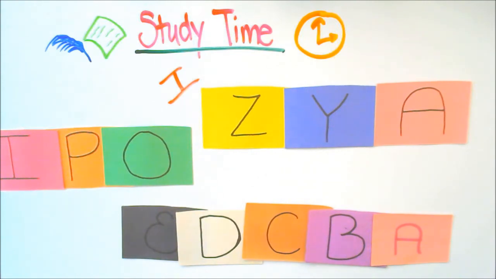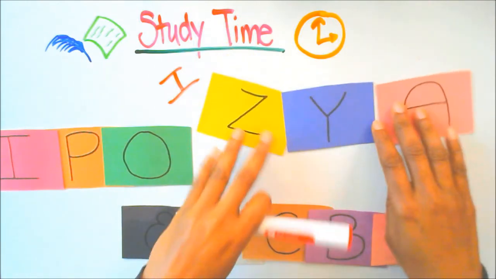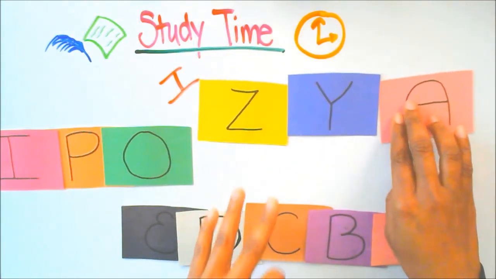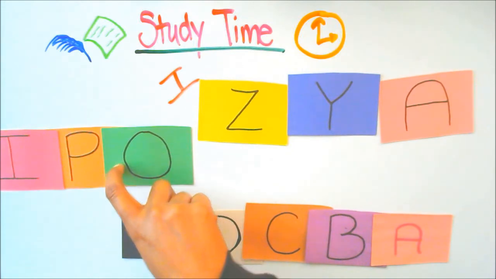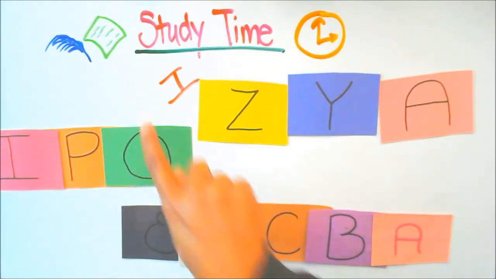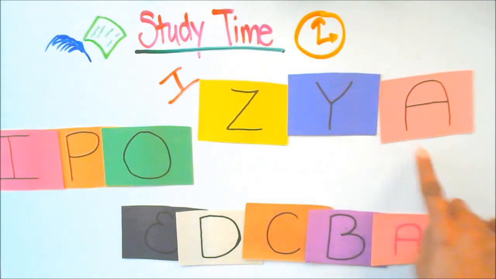The structural genes are fewer actually. So we have Z, Y, and A. Structural genes. The control region is always P and O. The inducible operon is the structural genes and the control region. The inducible operon consists of fewer genes, Z, Y, and A.